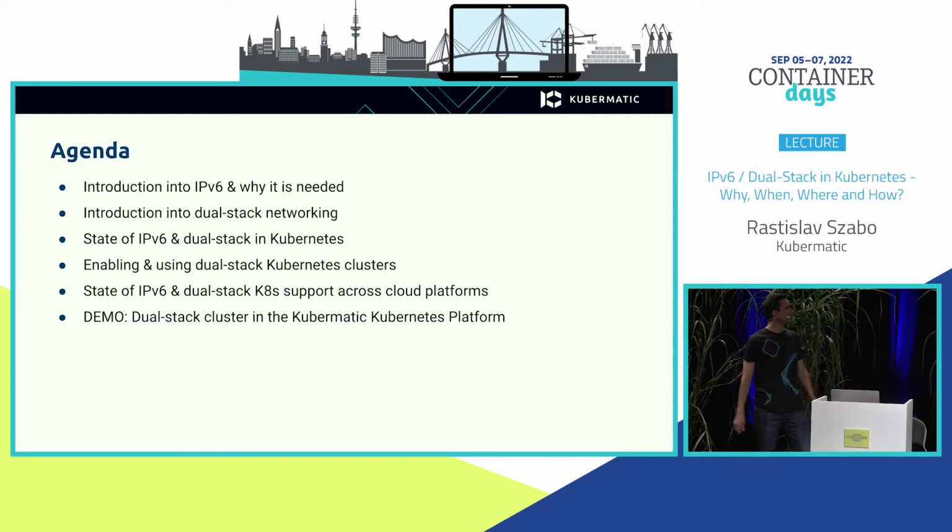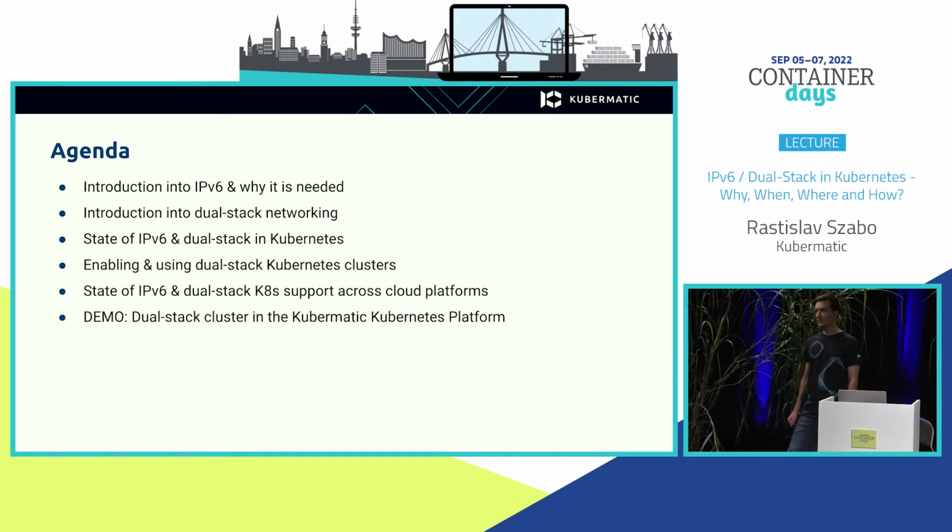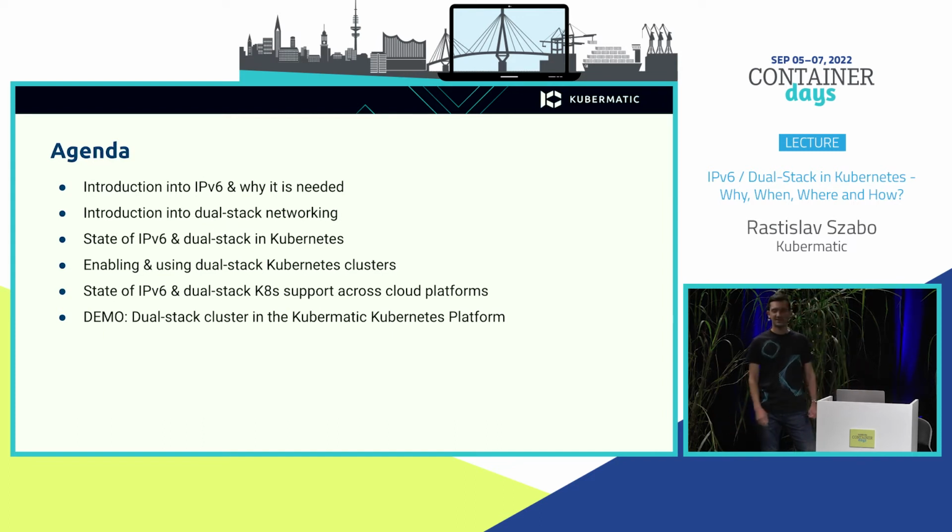But let me go to our agenda for today. I would like to start with some introduction of IPv6 and why it is even needed. Then I would like to introduce dual stack networking. Then I would like to describe the state of IPv6 and dual stack in Kubernetes. Next, I would like to show you how to enable dual stack in Kubernetes clusters.